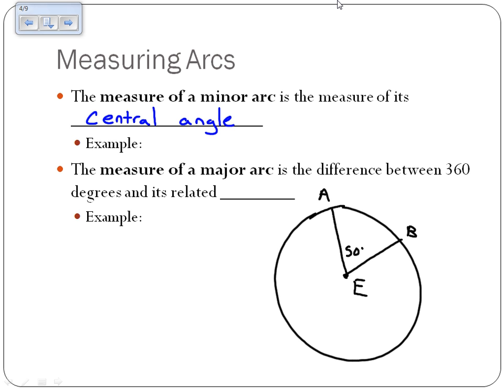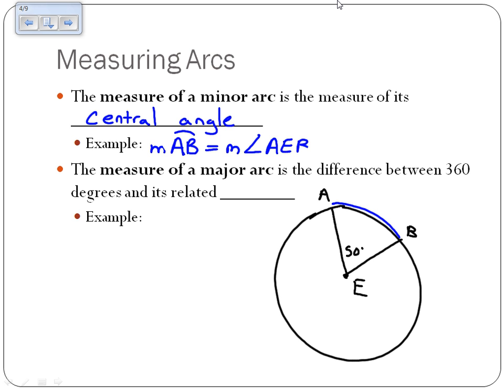That's its definition. So if I'm talking about the minor arc, which I'll highlight in blue here, the measure of the arc AB is equal to the measure of its corresponding central angle, which is angle AEB.